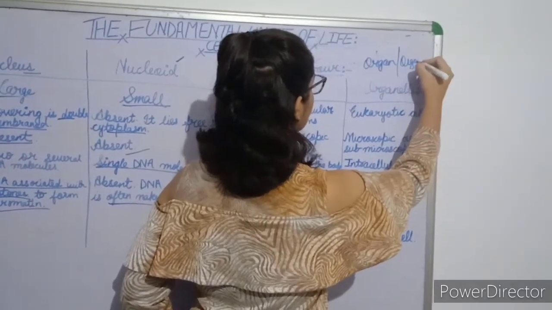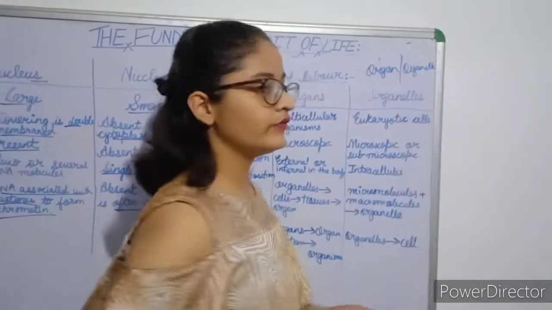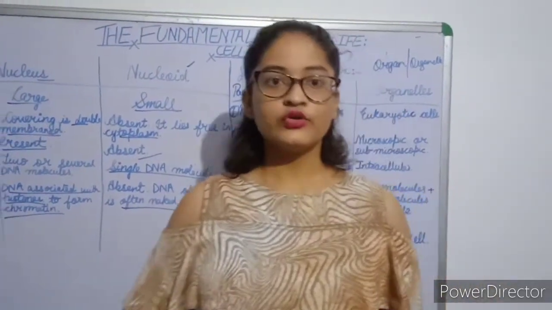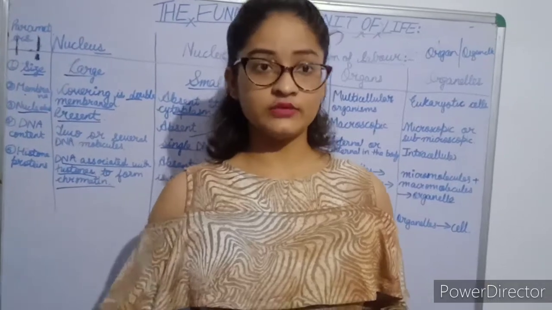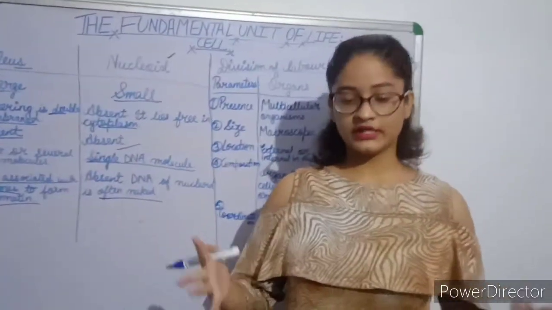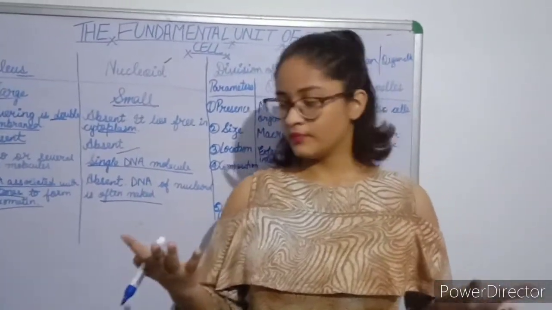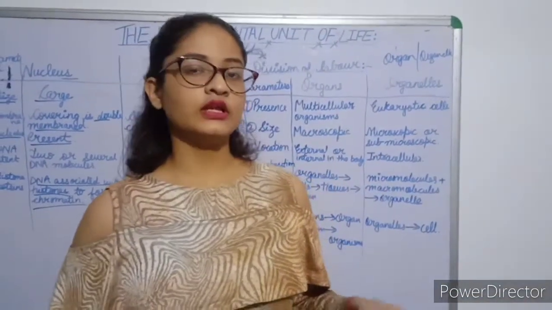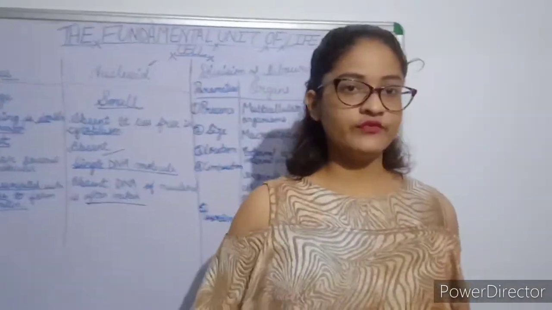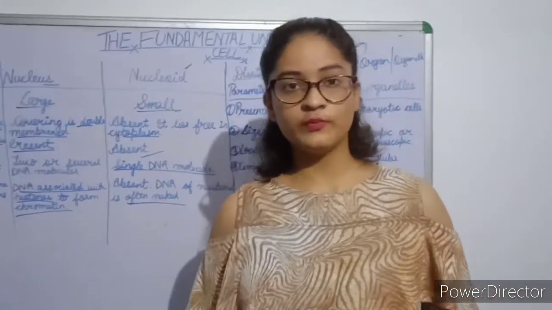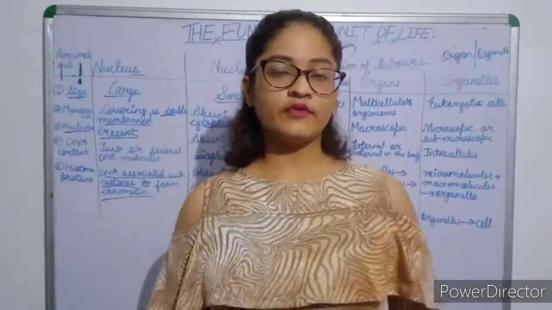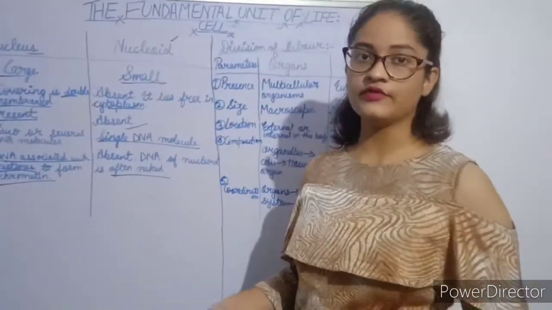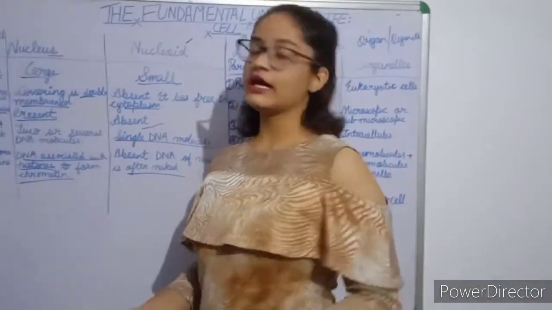We have different organs to perform different activities, like we have our heart to pump blood, our stomach for digestion, and our skeletal muscles for movement, the 10 fingers in our hand and the 10 fingers in our leg. We have voluntary movement in that. In the desired way we want to move our hand, we can move, and in the desired way we like to walk, we can walk.